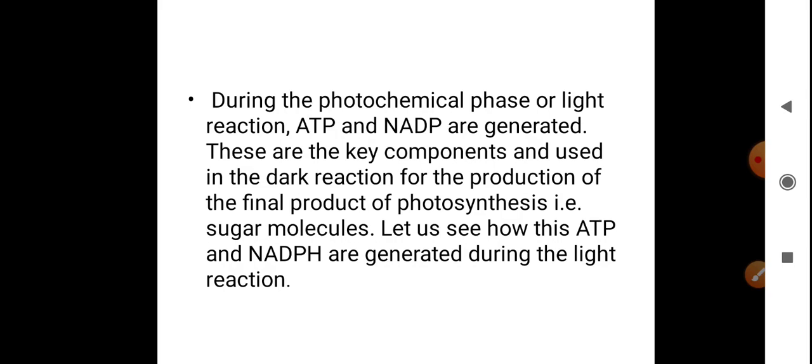So during the photochemical phase or light reaction, ATP and NADPH are generated. These are the key components used in the dark reaction for the production of the final product of photosynthesis, that is sugar. Let us see how this ATP and NADPH are generated during the light reaction.